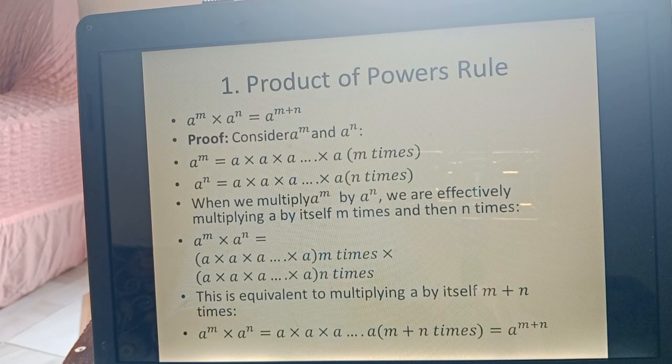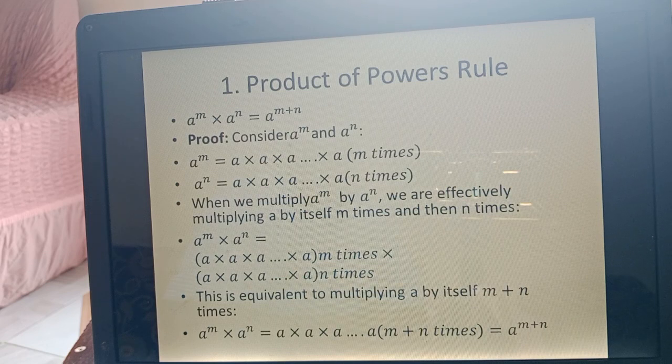So let's start with our first law to prove, the product of powers rule. So that is the law a raised to m times a raised to n equals a raised to m plus n. So to prove, we do the following.